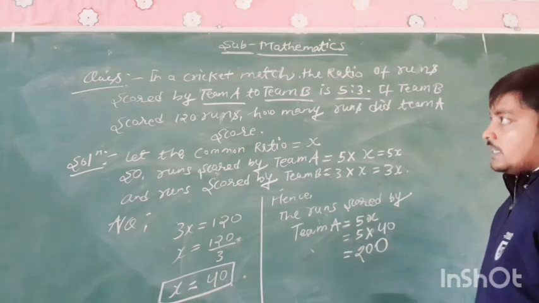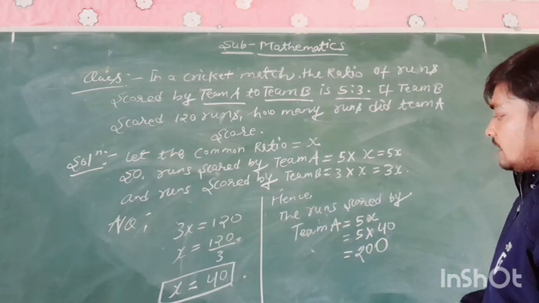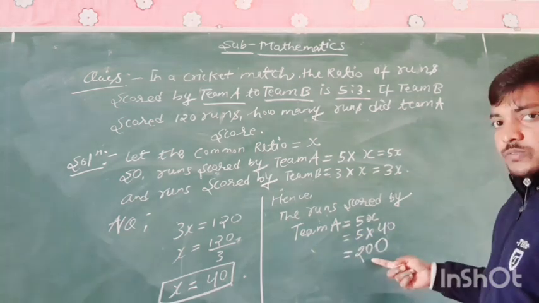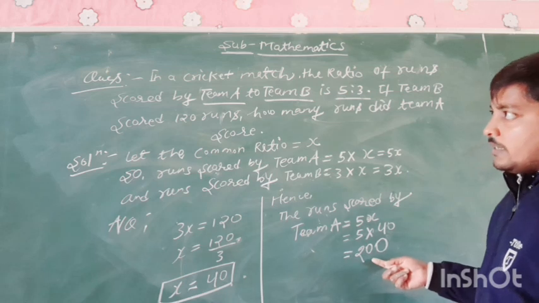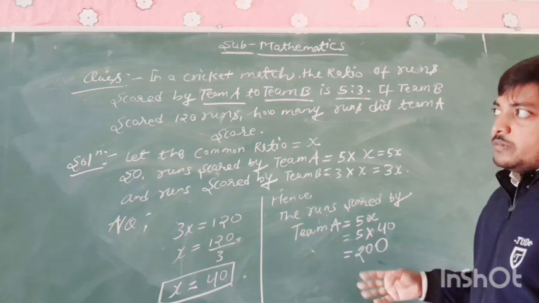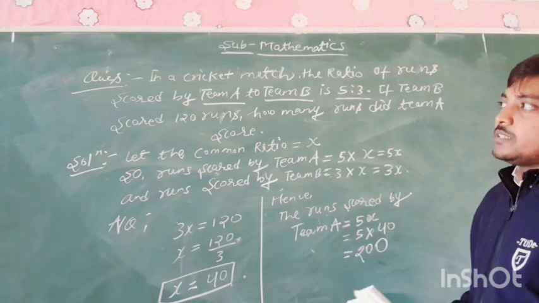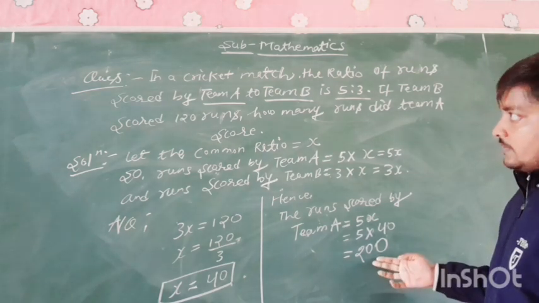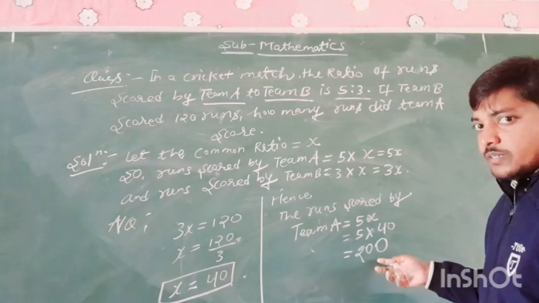It means in a cricket match, the runs scored by team A is 200 runs. These are the 4 problems related to ratio and proportion, which are solved in your copies.